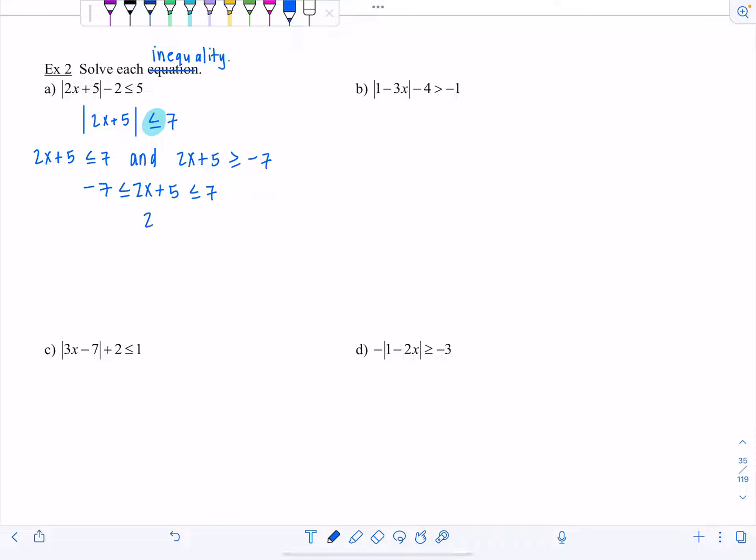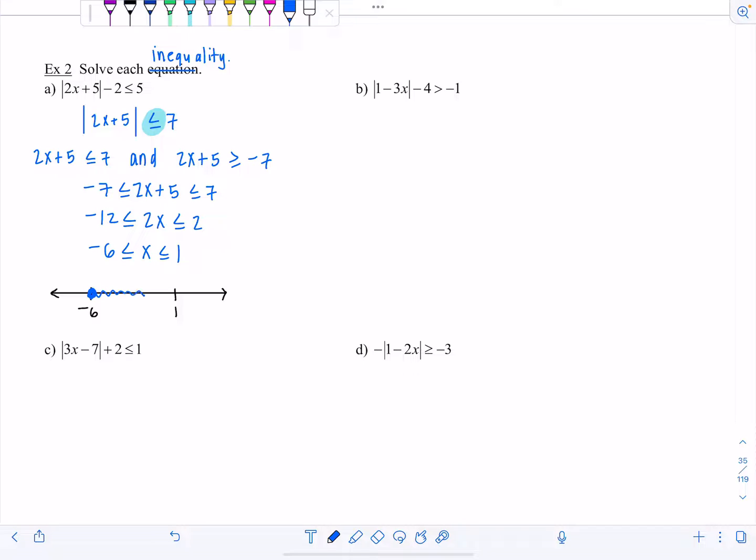I'm going to subtract 5, so we're going to have 2x is less than or equal to 2 and greater than or equal to negative 12, and then divide through by 2, so x is less than or equal to 1 and greater than or equal to negative 6. See, wasn't that nicer? And then I don't even have to think now where was the intersection. It's already cleaned up and ready to go.